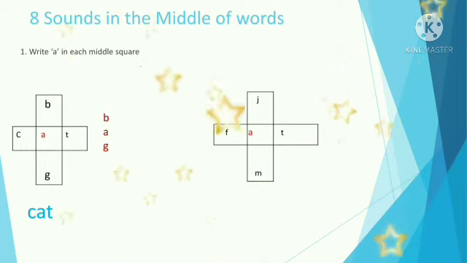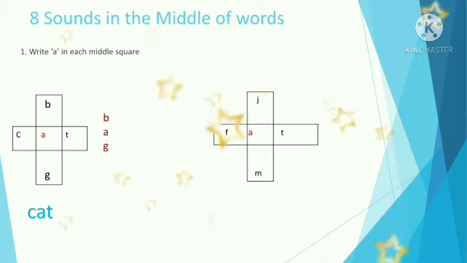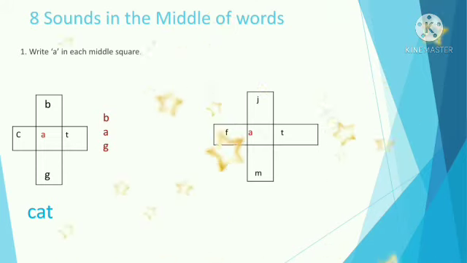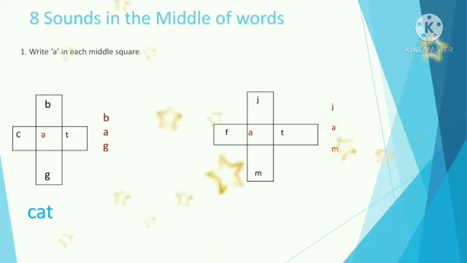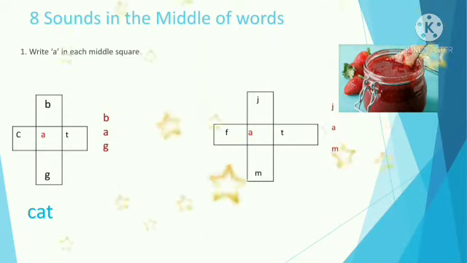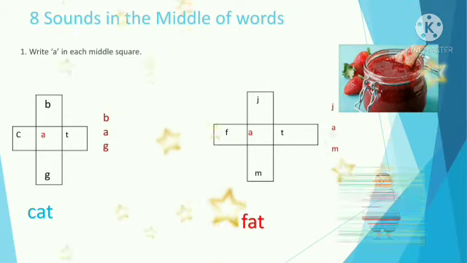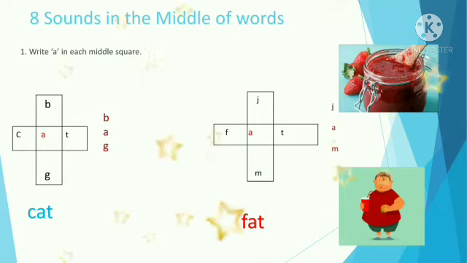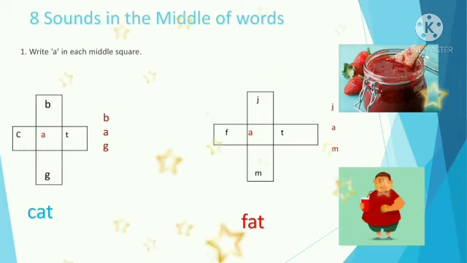When we write A in this square also, we get the first word, that is jam, and the second word is fat. I hope this question number 1 is clear to you. We move on to question number 2.